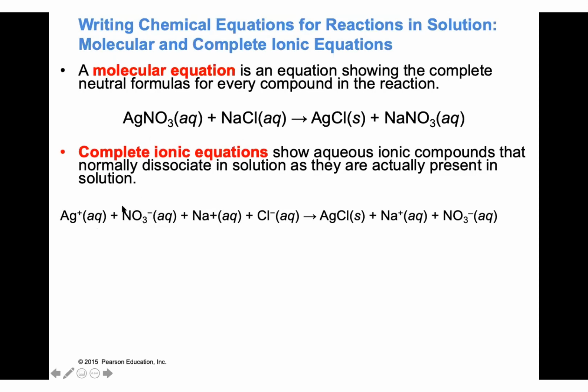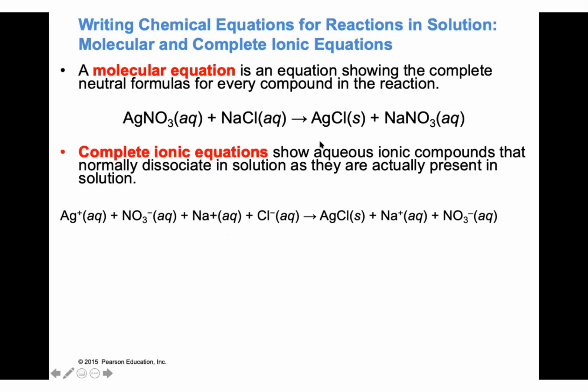I have only one, so pay attention to how many of each you have. Then I have one Na plus, and one Cl minus. I just copy the states from the molecular equation.